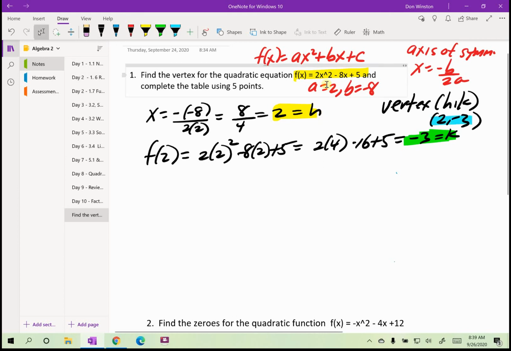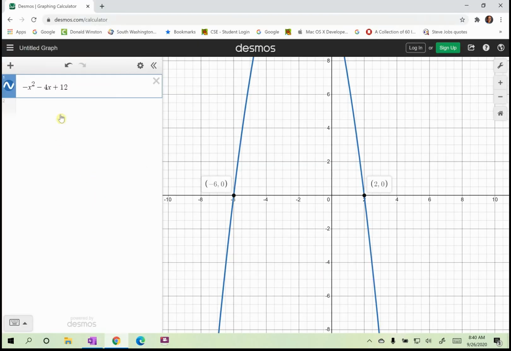But we should verify now. Okay, so let's verify using Desmos. That's why I want you to use Desmos. I should see the vertex, the lowest or highest point on the parabola, at (2, -3). So let's see here. All right, so working with another equation here. Let me just delete that.